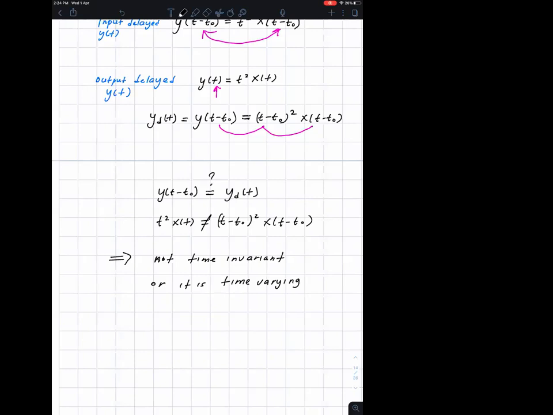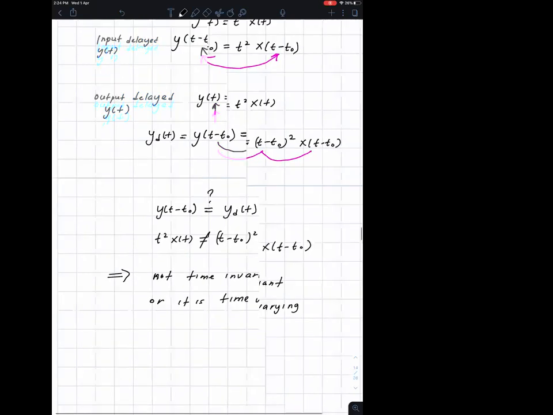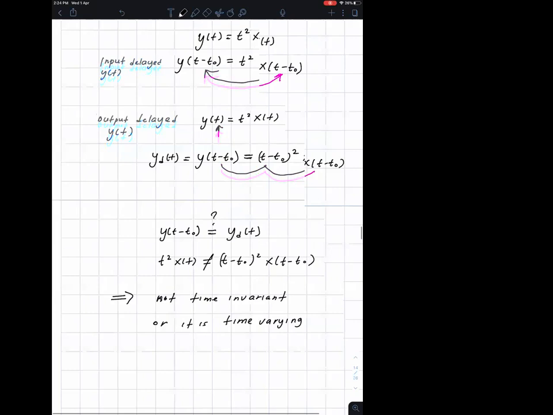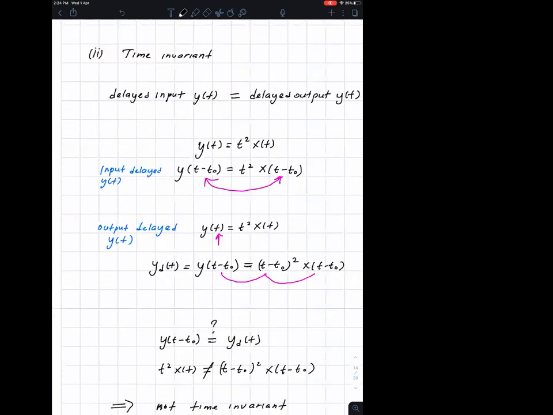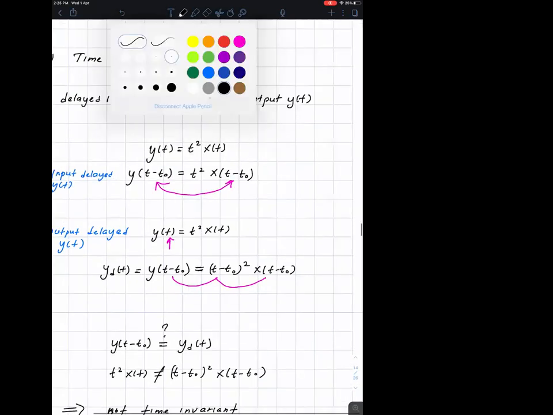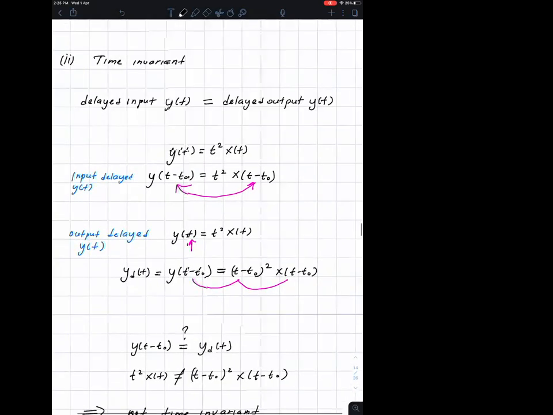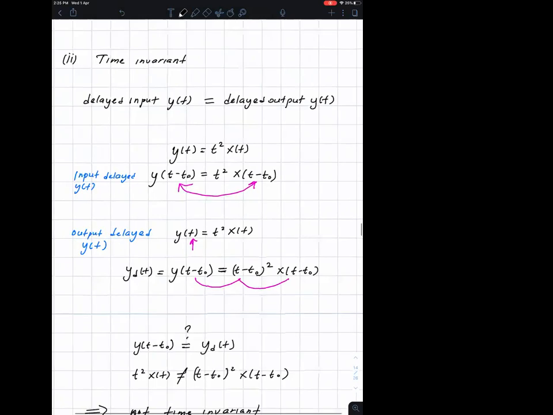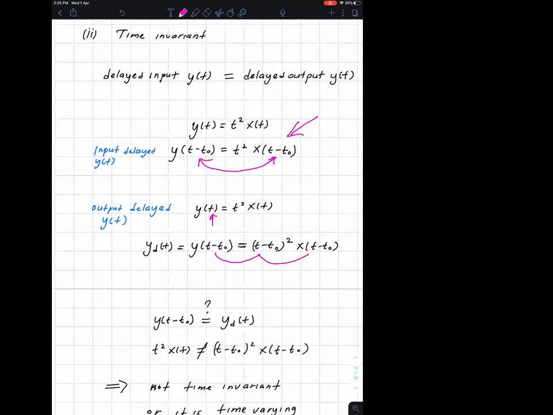All you have to do is delay the input by t naught, and then you see what is the output. First you delay the input by t naught, and you see what is the result.